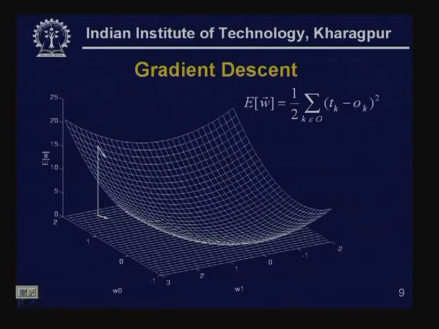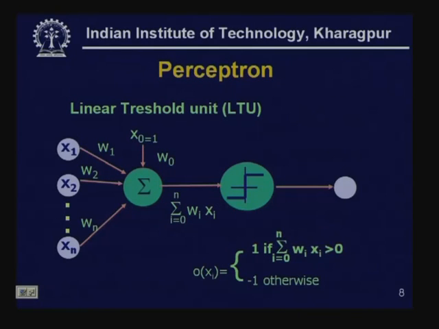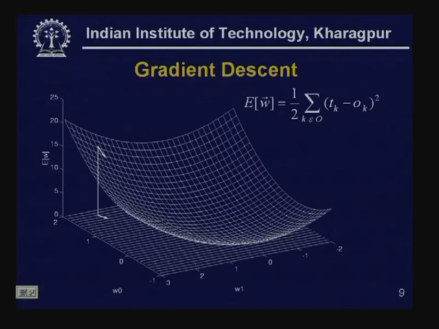So, if we have a thresholding unit, which is a non-differentiable function, we will not be able to do gradient descent. But if we have simply the linear function, suppose we just have the summation unit and no thresholding unit, in that case we can do gradient descent on the weight surface and try to find the set of weights for which error is minimum.